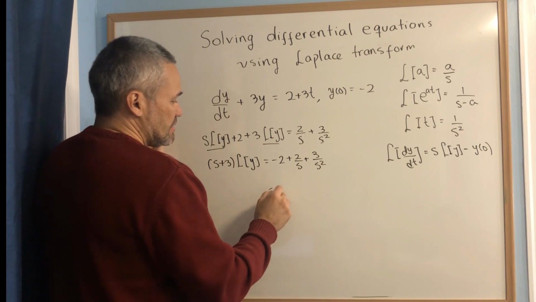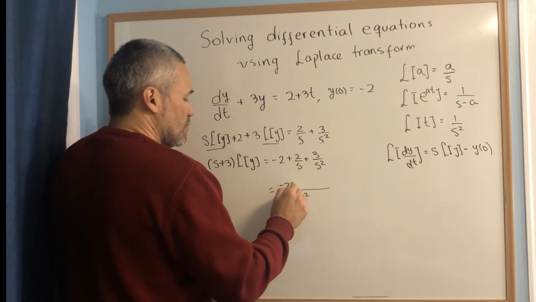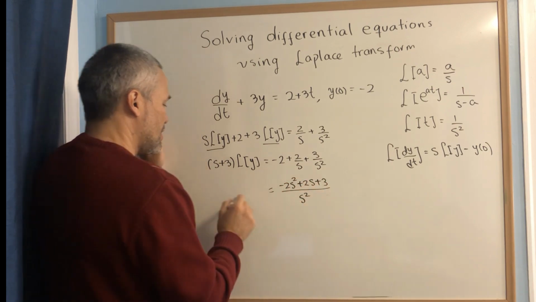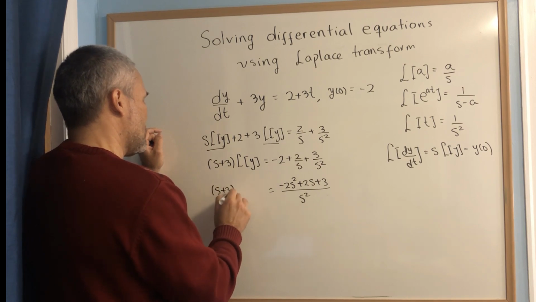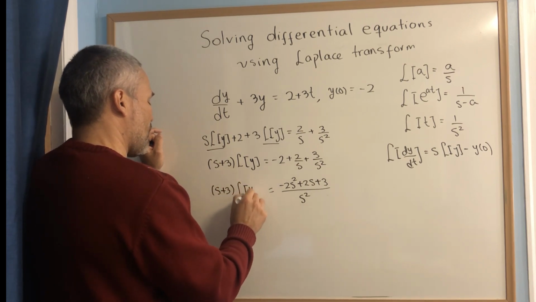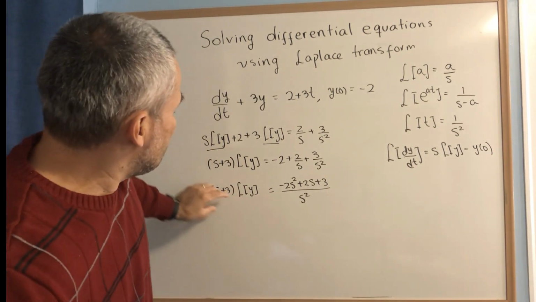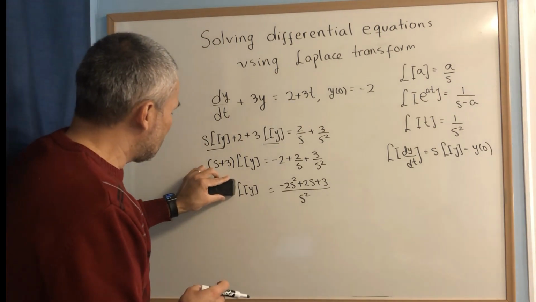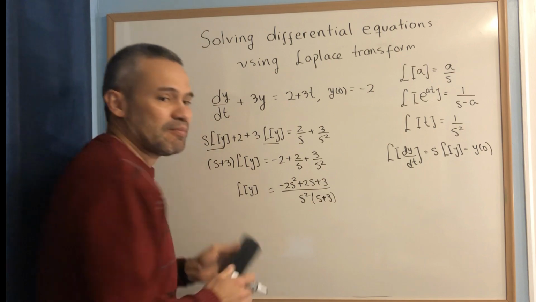And then with common denominator s squared, it is negative 2s squared plus 2s plus 3 over s squared, and here is s plus 3 times the Laplace transform of y. How do we solve for the Laplace transform of y? I can just divide by s plus 3.